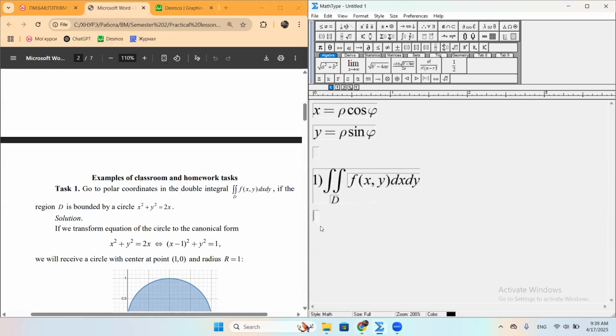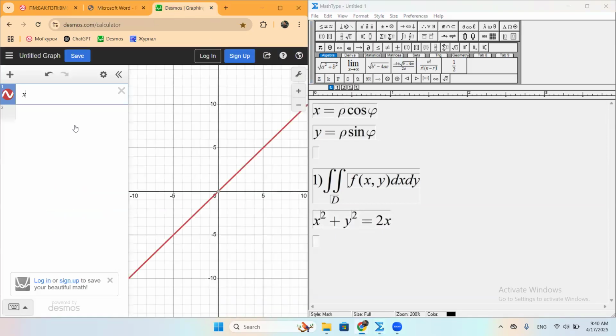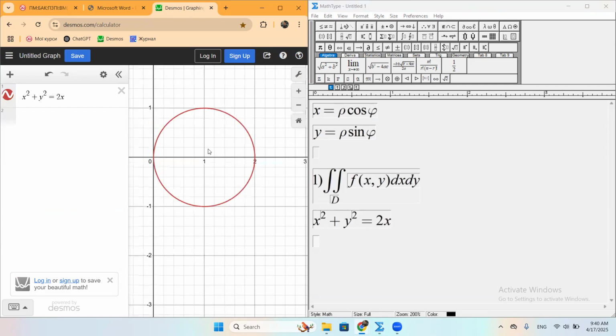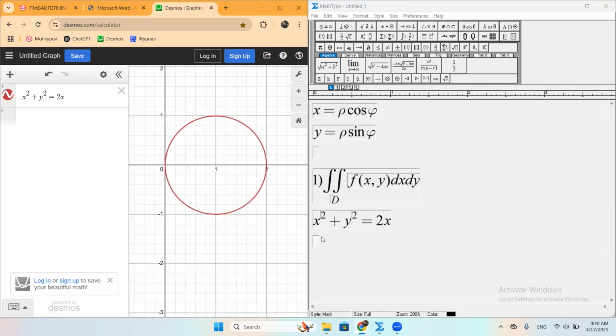The region is bounded by this circle that has the center not in the origin. First of all, we have to extract the perfect square. It will be a good idea.